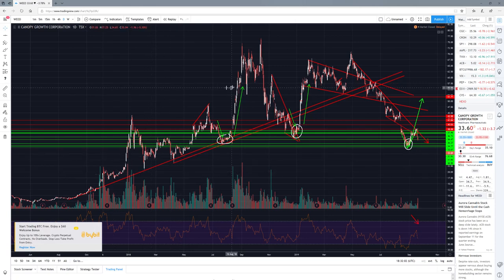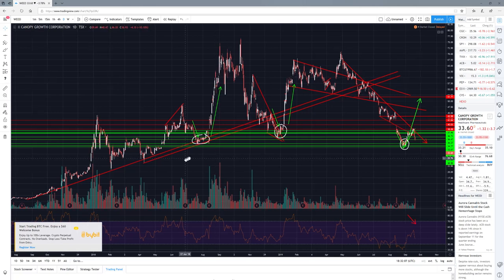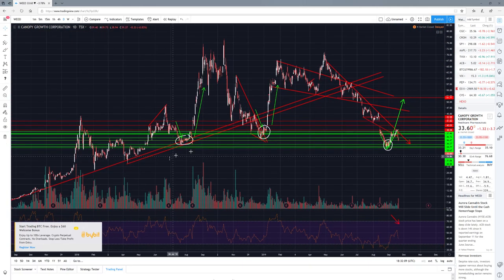So at this point, through this whole move, I was watching everything. I was getting good at technical analysis, actually even here too, and so I started paying more attention to Canopy. This is why I played it this month.